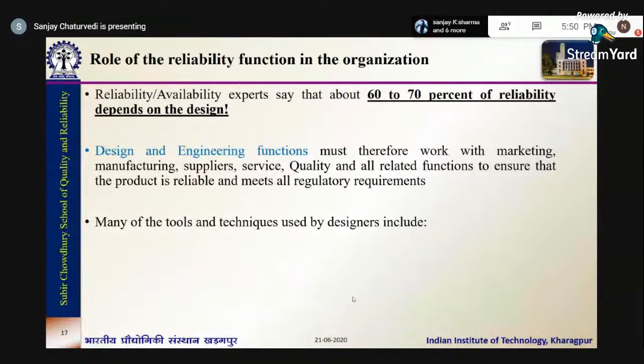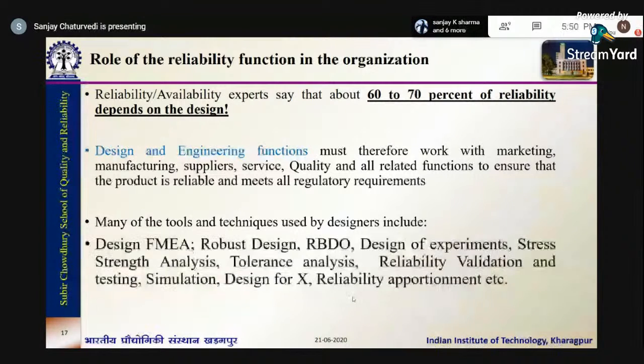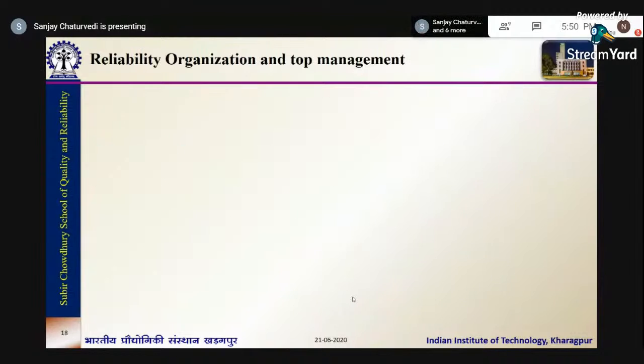Many of the tools and techniques in reliability engineering are taught to engineers and practitioners: FMEA, FTA, HAZOP, and reliability modeling and analysis techniques. Such topics are generally covered in reliability engineering.